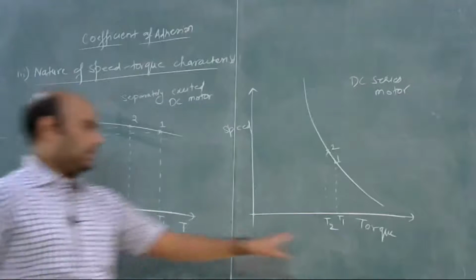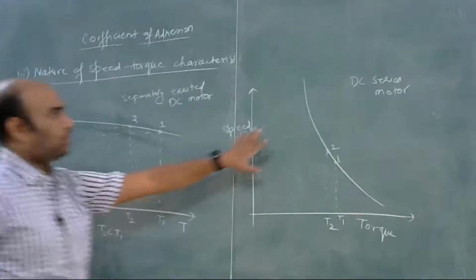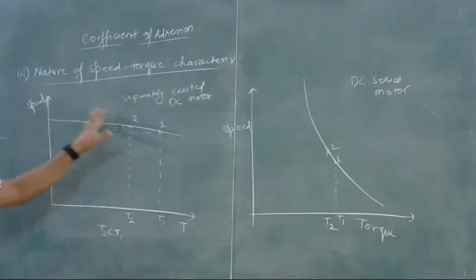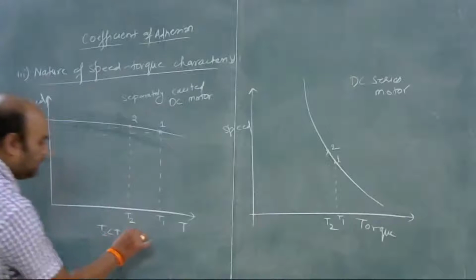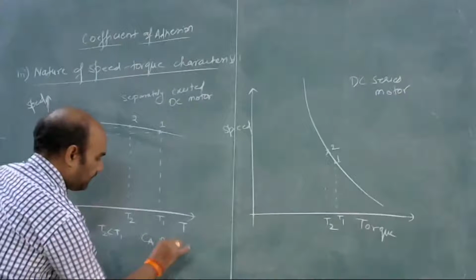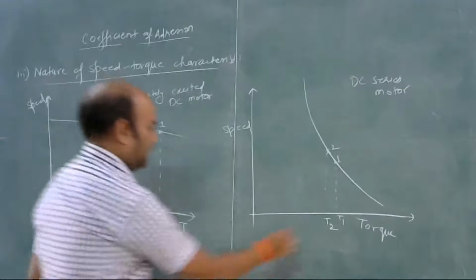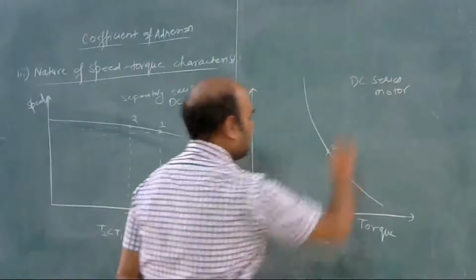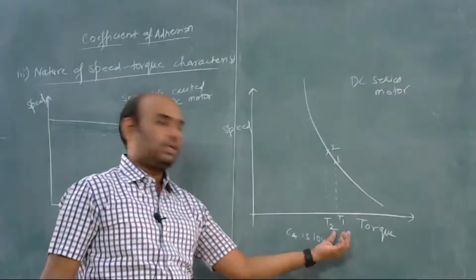So the change in torque is quite less in the case of a DC series motor as compared to a separately excited or shunt DC motor. Shunt DC motor has characteristics somewhat like this. Okay, so the CA will be high in the case of a separately excited DC motor, and CA will be low in the case of a DC series motor, because the change in torque is very low.